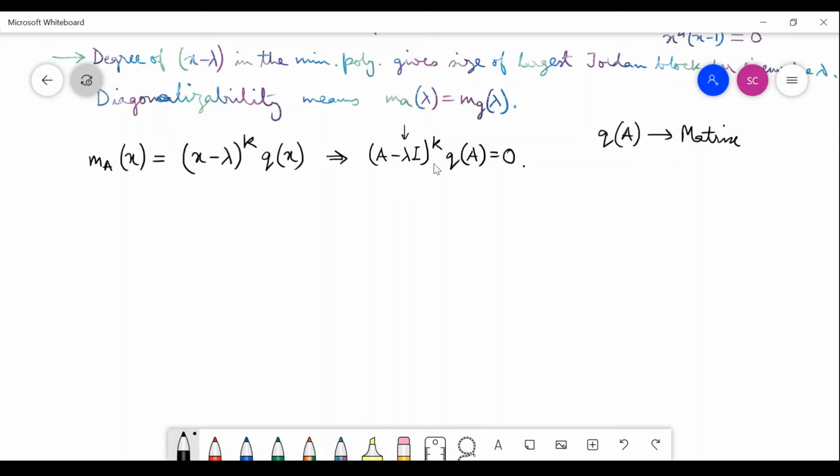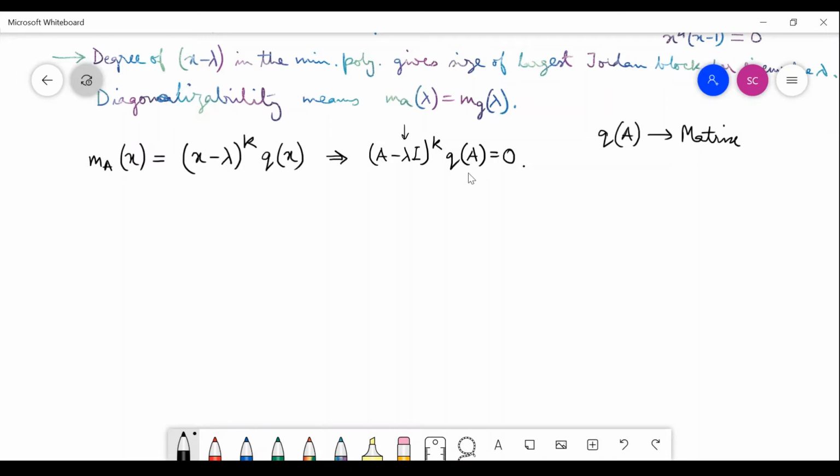Now since (A minus lambda I)^k q(A) equal to 0, that means if I take every column of q(A) and operate it with (A minus lambda I) to the power of k, I will always get a 0 column. Otherwise this result cannot be possible.